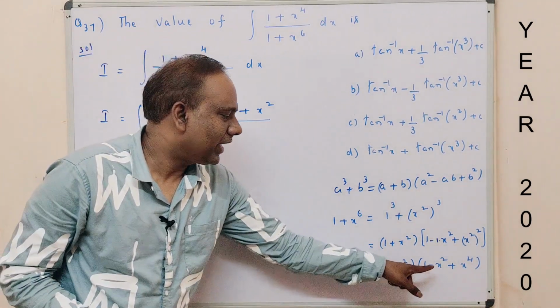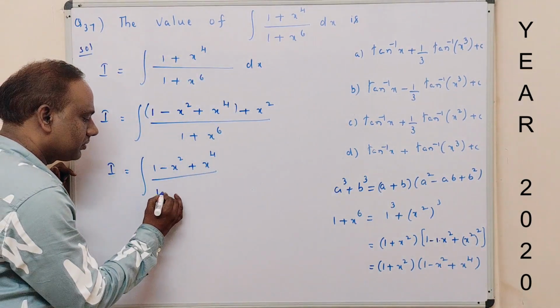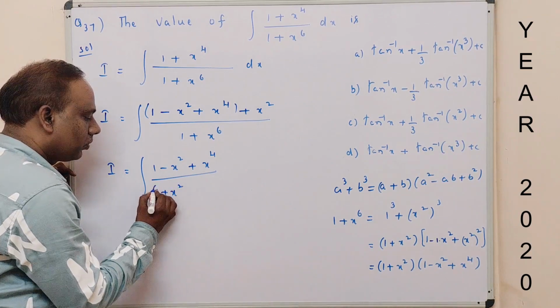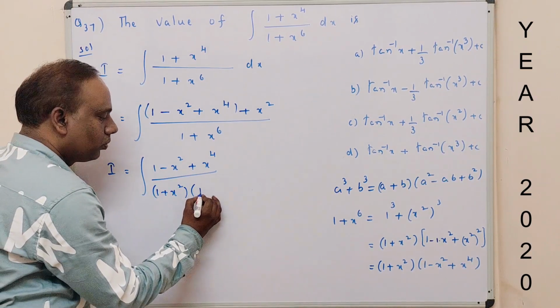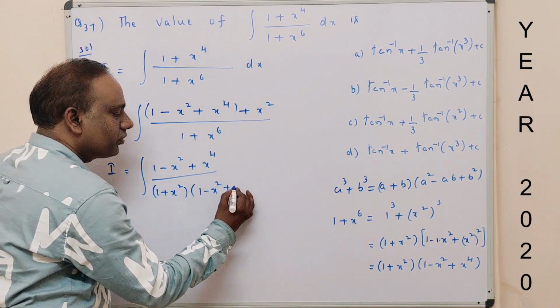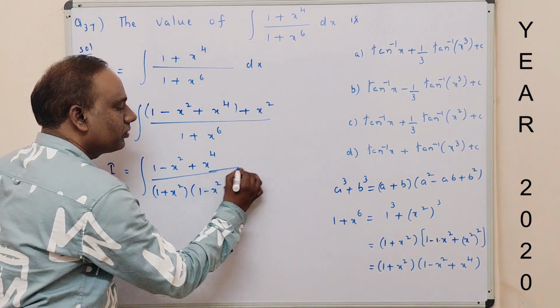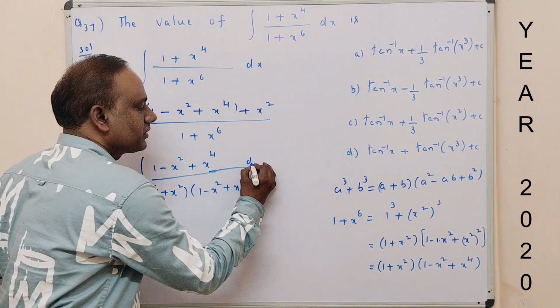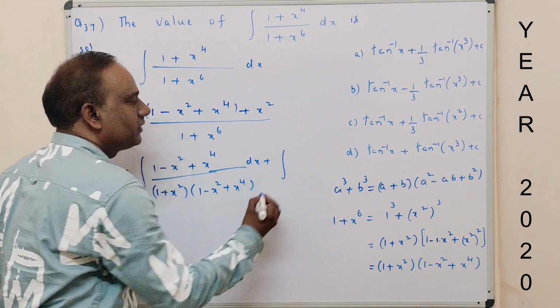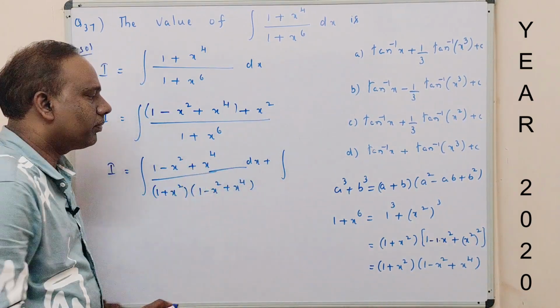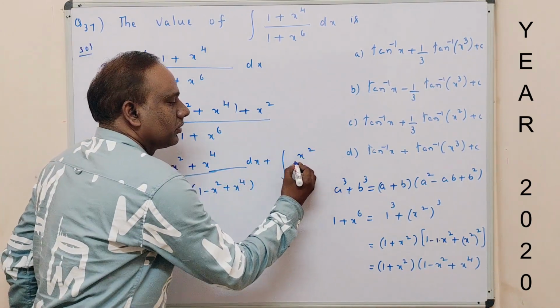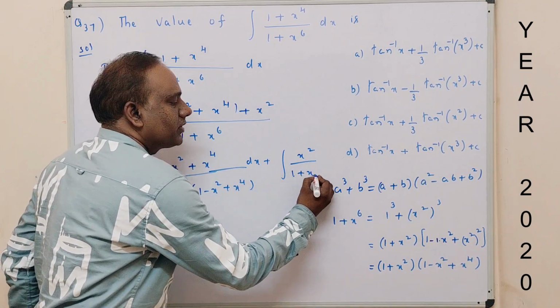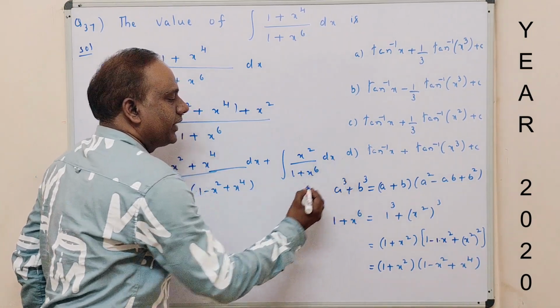So it can be written like this. That is 1 plus x square into 1 minus x square plus x power 4, into dx, plus the remaining x square by 1 plus x power 6 into dx.